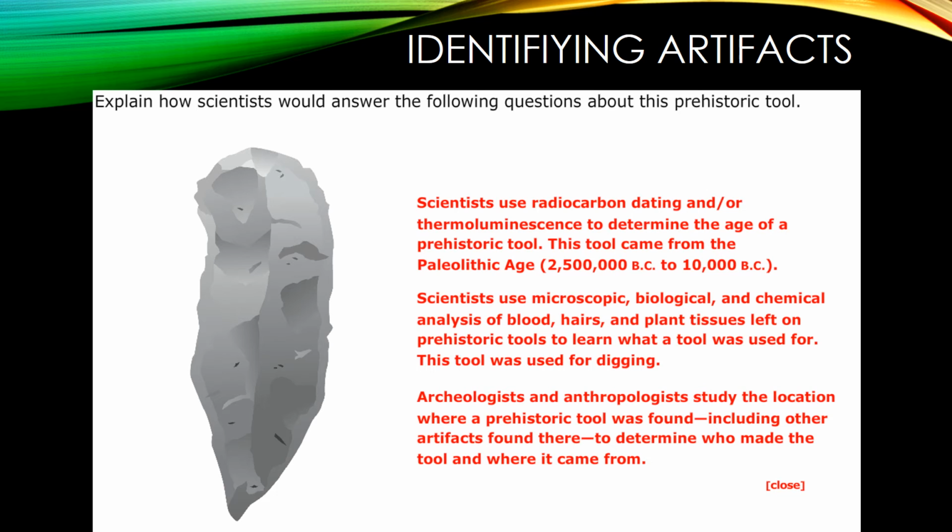Now, if they were to find humanoid blood, human hair, different things like that on it, they might say, okay, this was a weapon of war. Maybe that tool that has human blood and hair on it wasn't a weapon of war. What's another use that gets human blood on it that is not a vicious use? Medicine.